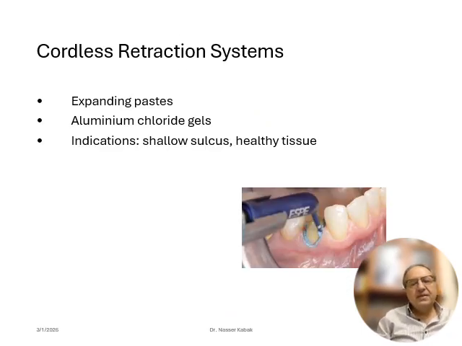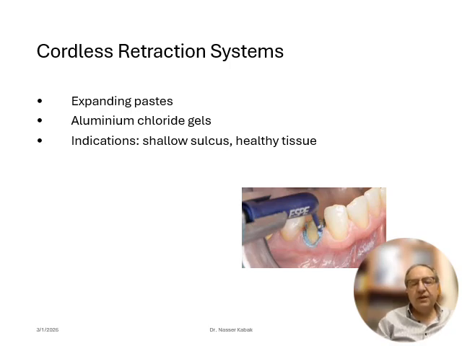There are other techniques, cordless retraction systems or pastes that can be used in order to expand the sulcus and also to achieve a sort of hemostasis. Aluminum chloride is the material of choice. When it's injected inside the sulcus, it will lead to temporary displacement and opening of the tissues.